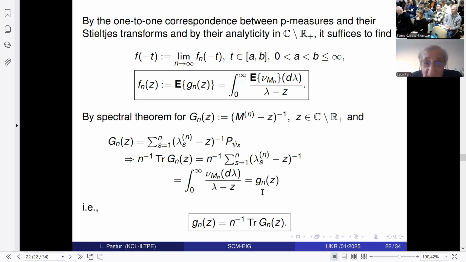And this is a very important argument because it makes the route from the measure which you are looking for to its Stieltjes transform, and from its Stieltjes transform to the resolvent, to the trace of the resolvent. So we have Gn written in that way, Fn is its expectation, and we have to study now the expectation of this normalized trace for z varying on that set.